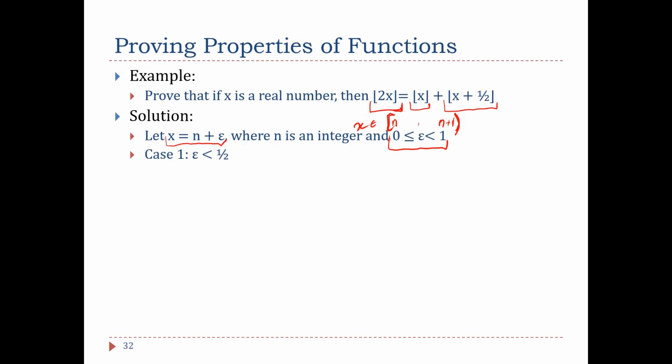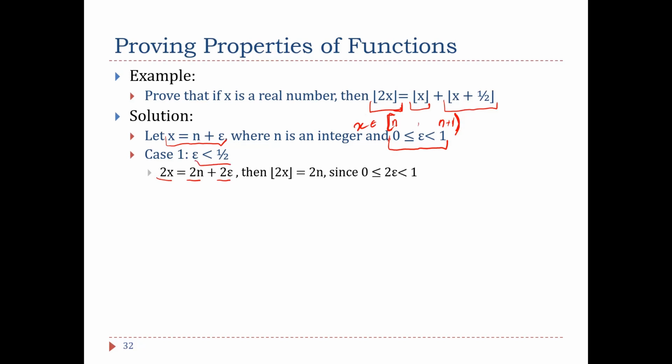Depending on the value of epsilon, whether epsilon is strictly less than half or greater than or equal to half, we will have different facts about the floor of x. For example, 2 times x is equal to 2 times n plus 2 times epsilon.